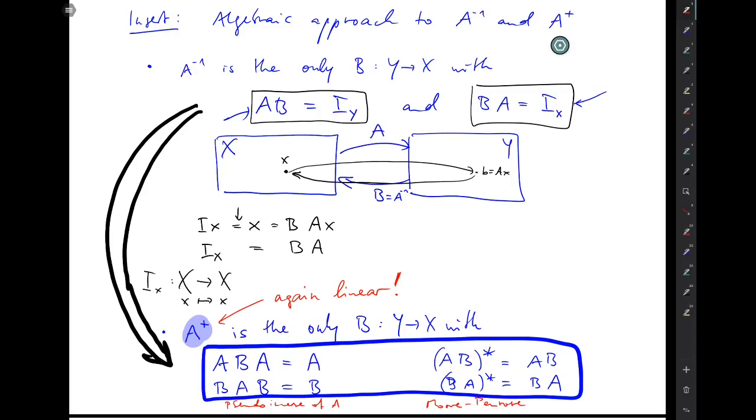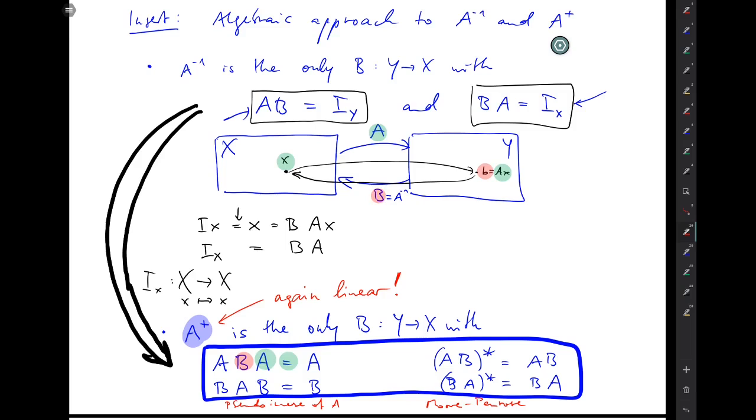Maybe we should say one more word about where these funny equations come from and how to make sense of them in the same style as we did above. So let's start with this green one. So suppose you start with your little x here, then you apply A to it, which brings you over here to Ax, which is also what we call b, and then apply the operator B, which from here brings you back.